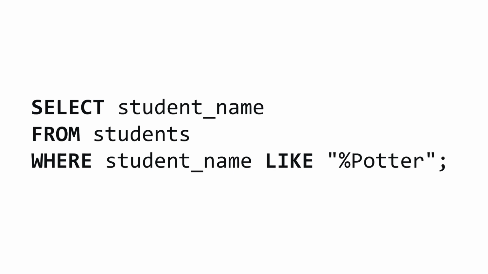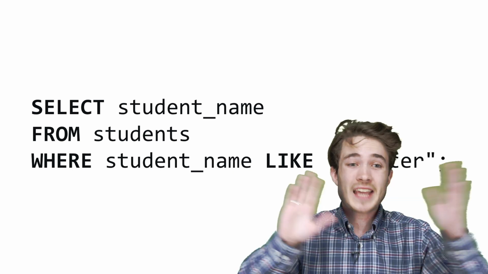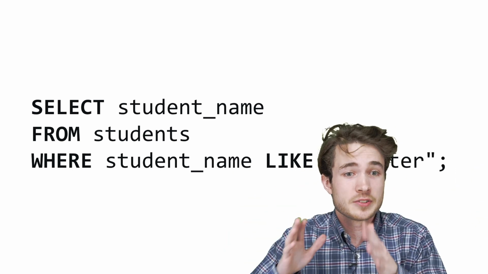percent sign in front. And does anyone recall what that percent sign is doing for us here? If you want to chime in the chat. Why can we not just say like Potter? And why do we have to say like percent Potter? Yeah, so I'm seeing that people are calling this a wildcard character. And basically, this percent sign says that I can match any character ahead of this string Potter.